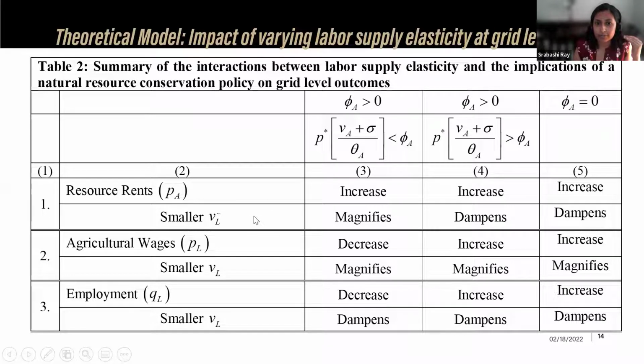However, if labor supply elasticity is smaller, then that resource rent increase is magnified compared to the other two cases where the resource rent increase is dampened. So again, this goes to show that we really need to get a better handle on the labor supply elasticity parameter, which is often ignored in integrated assessment models as they stand now.